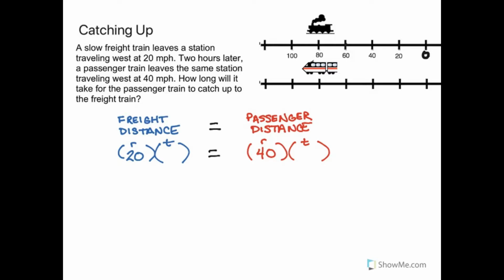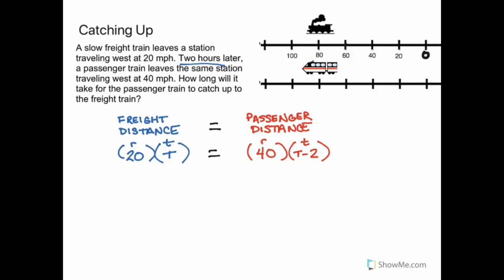We have the time that the freight train travels, but then the time that the passenger train travels is less than that. It's always 2 hours less time because it left 2 hours later. So instead of t for the time of the passenger train, I'm going to write t minus 2. Because t is going to stand for how long the freight train was traveling.